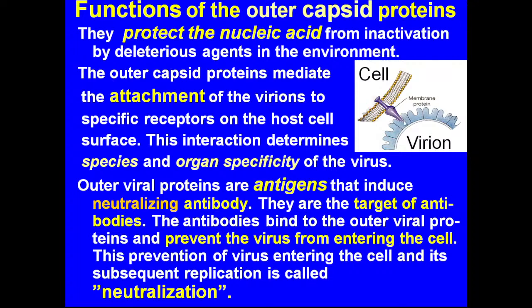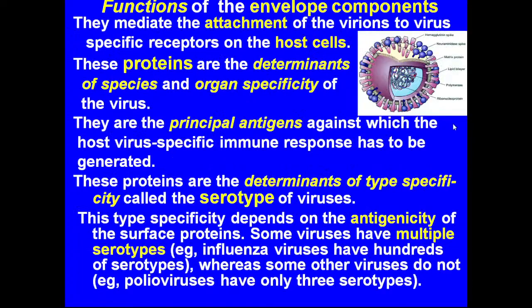This function of antibodies is called neutralization, or neutralizing antibodies. If they are produced, the virion is blocked and cannot bind with the host cell and cannot cause infection. Usually this function is attributed to the capsid in naked viruses, but in enveloped viruses it is attributed to the surface glycoproteins.